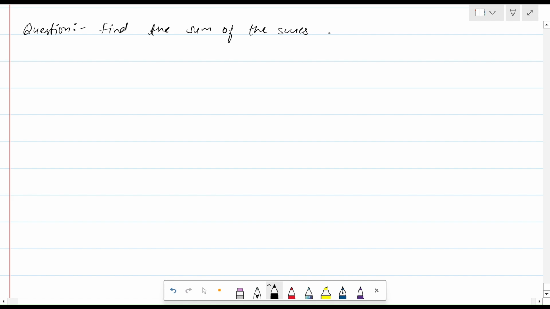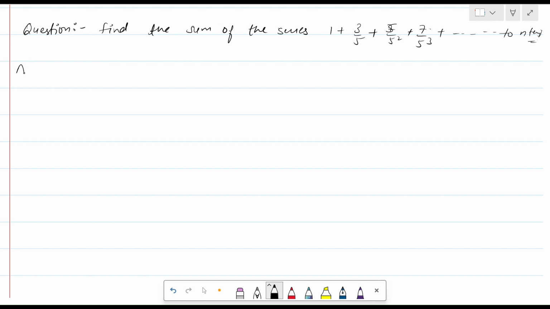Find the sum of the series 1 plus 3 by 5 plus 5 by 5 square plus 7 by 5 cube plus, up to 2n terms.